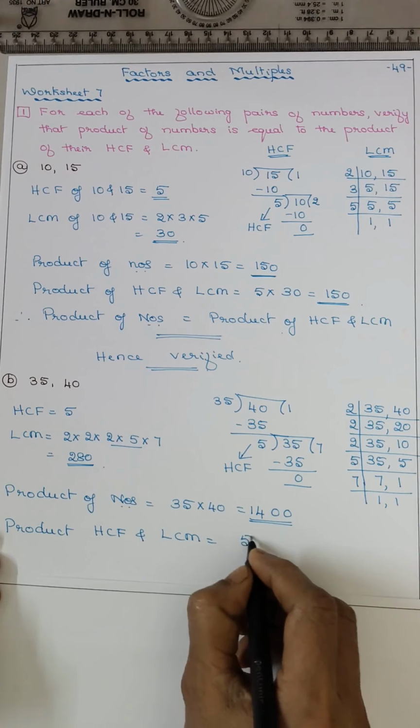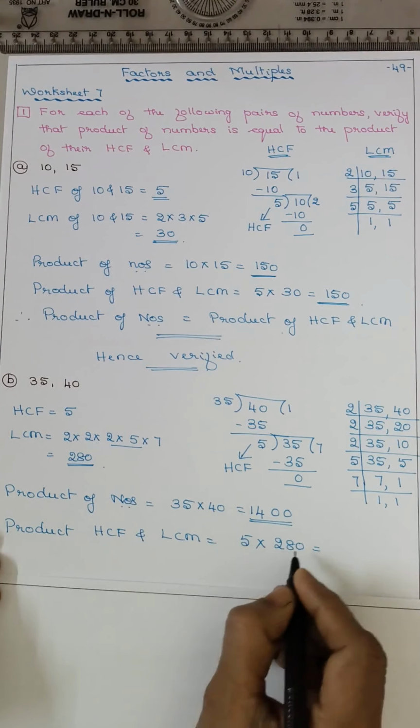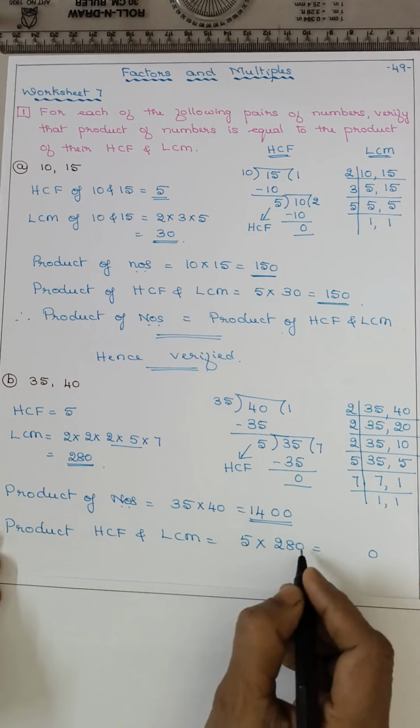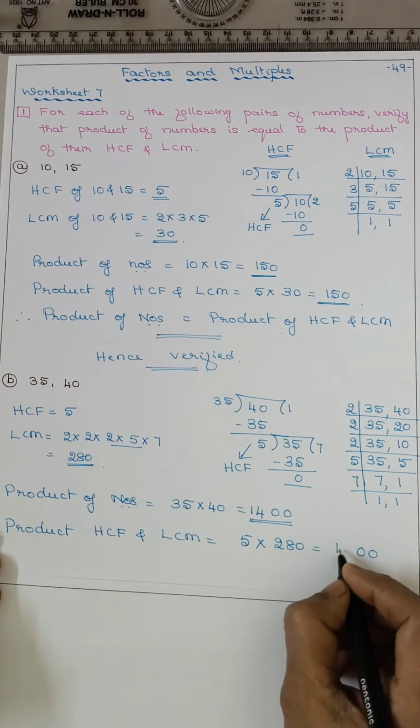HCF is 5, LCM is 280. 5 zeros are 0, 5 8s are 40, 5 2s are 10 plus 4, 14.